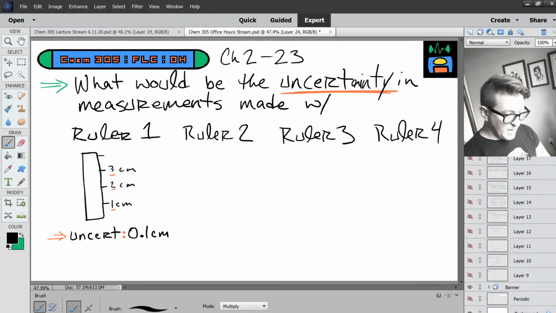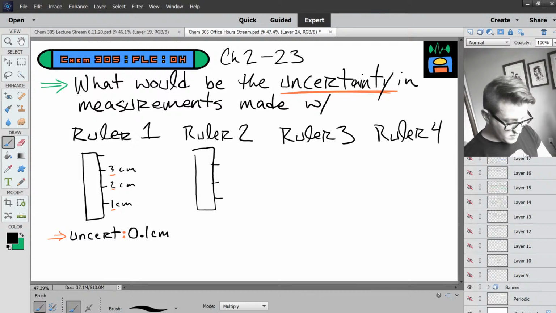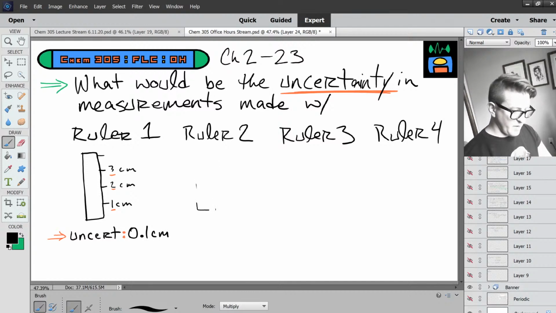All right. Ruler 2, hang on, I'm going to have to get better with my art skills for ruler 2.